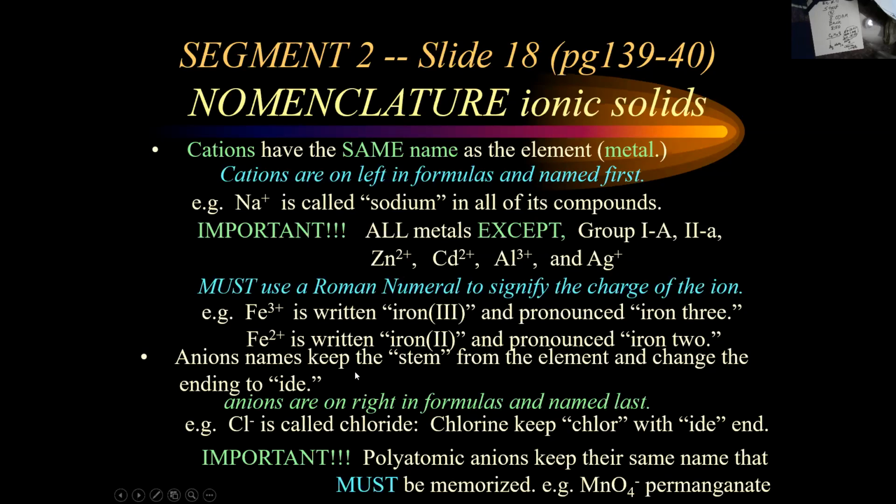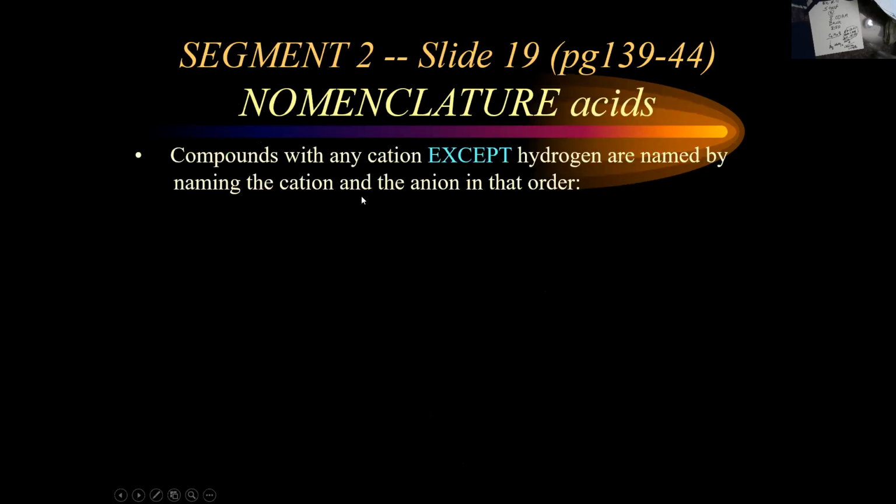So the formula for calcium permanganate would be Ca with a parenthesis, MnO4, and a little subscript 2. So naming compounds involving the polyatomic ions is really, really easy if you've memorized the name. It's really, really, really impossible if you haven't. I hope I'm making the point.